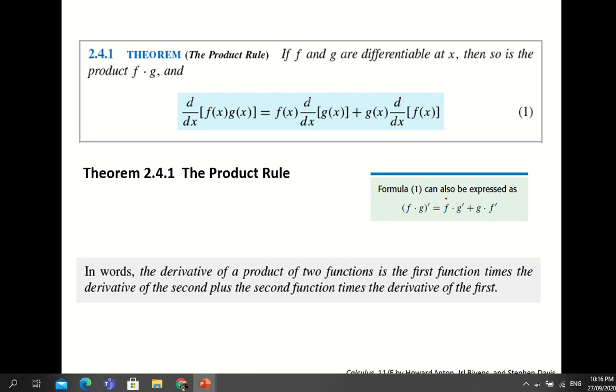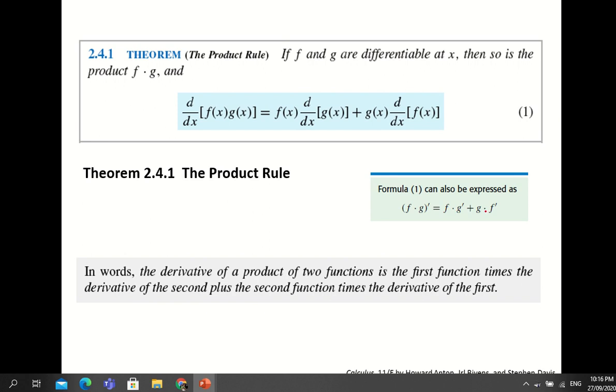Or you can express this as the derivative of f times g, the quantity f times g prime, equal to f times g prime plus g times f prime.